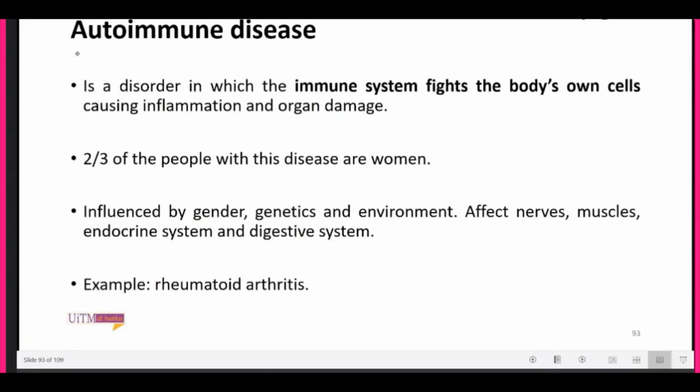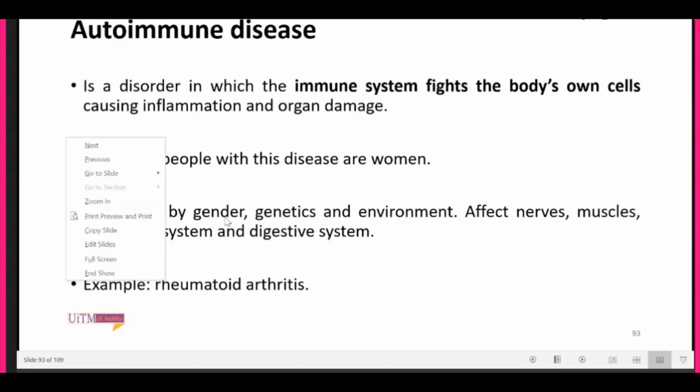Okay, tapi kalau untuk autoimmune disease terbalik pula. Your immune system attacks your own body cells, your own antigen, self-antigen. That is autoimmune disease. Okay, dia terlebih aktif pula kat situ kan. Alright. So ada dua. Immunodeficiency is lacking.